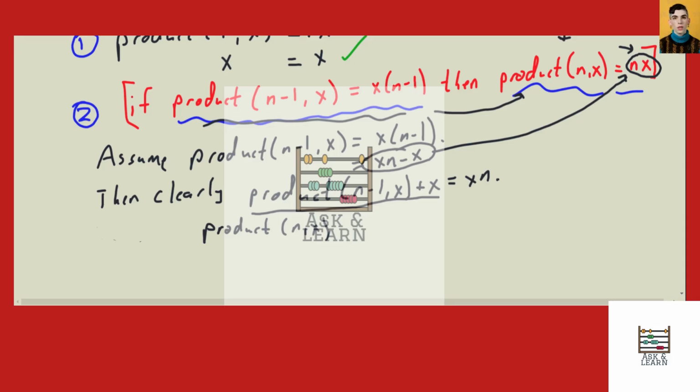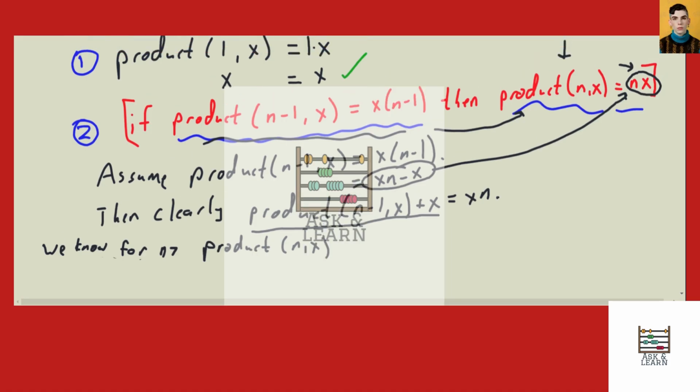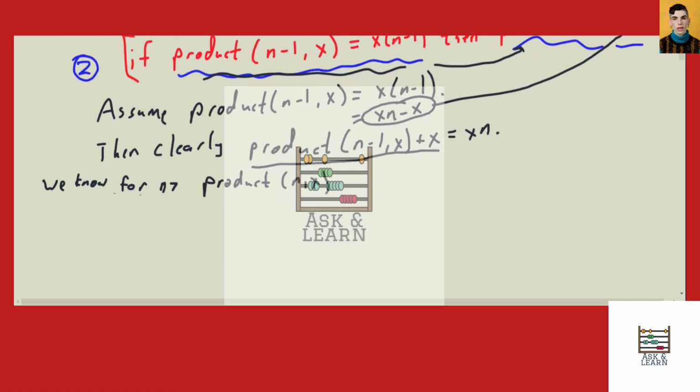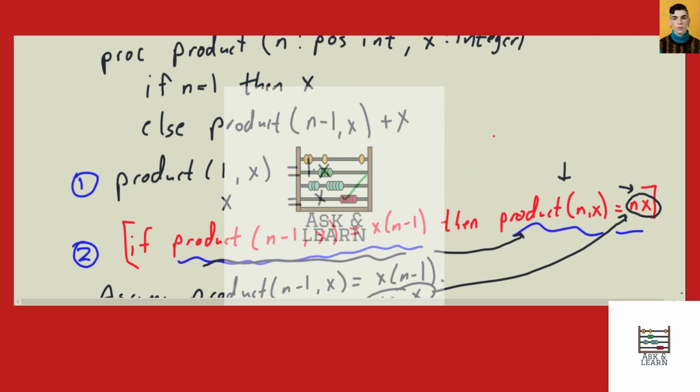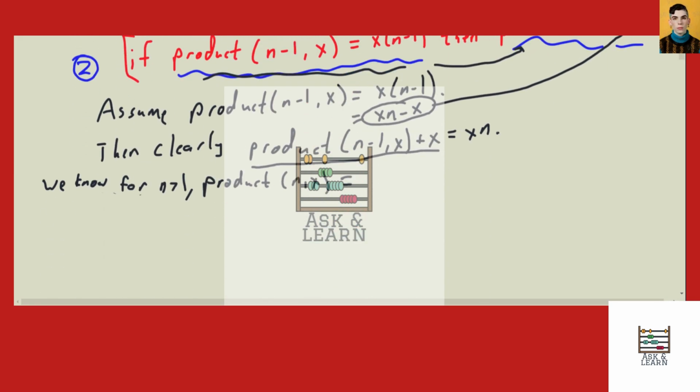We know for n greater than our base case, which it looks like our base case was 1. So for n greater than 1, that product of nx equals, and then we can just use the definition of our procedure. So it's product n minus 1 x plus x.